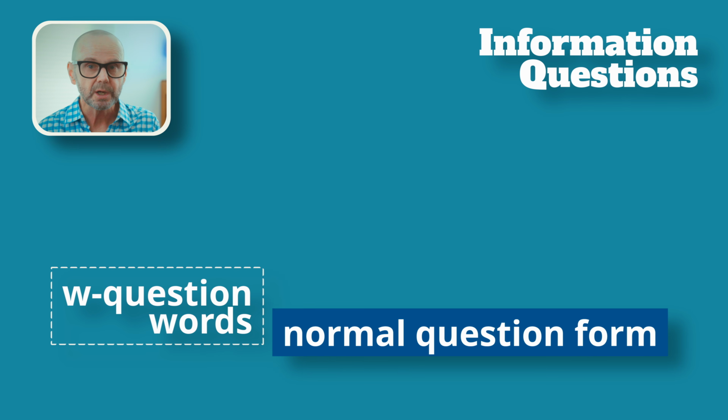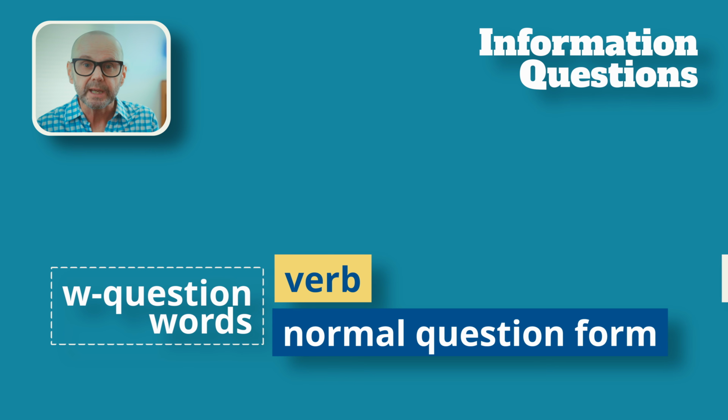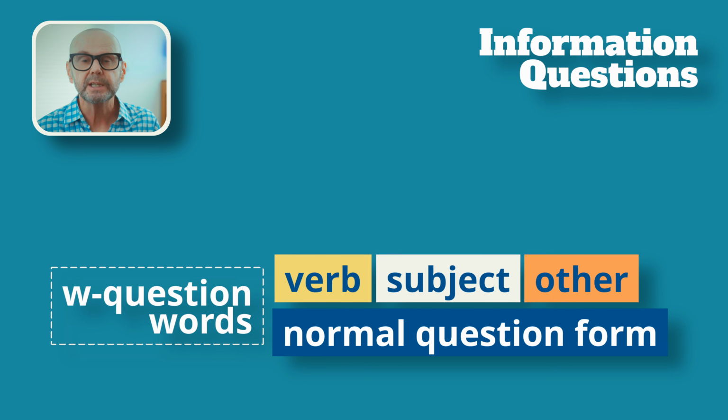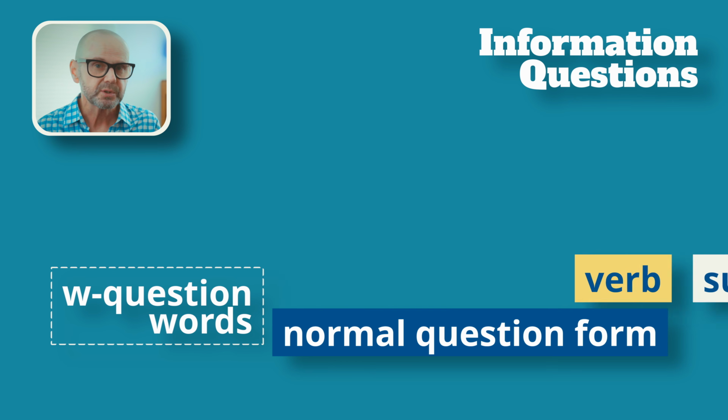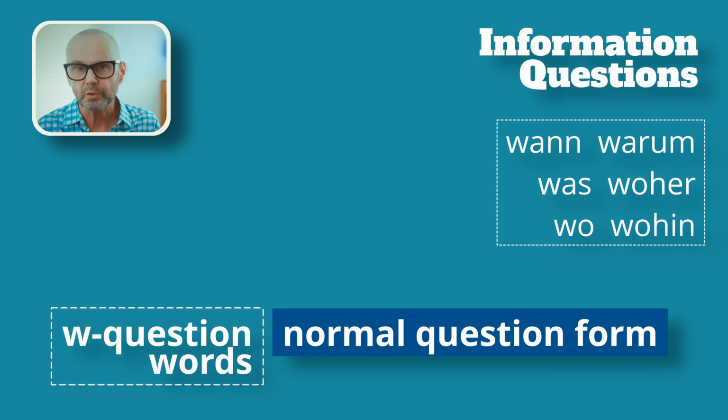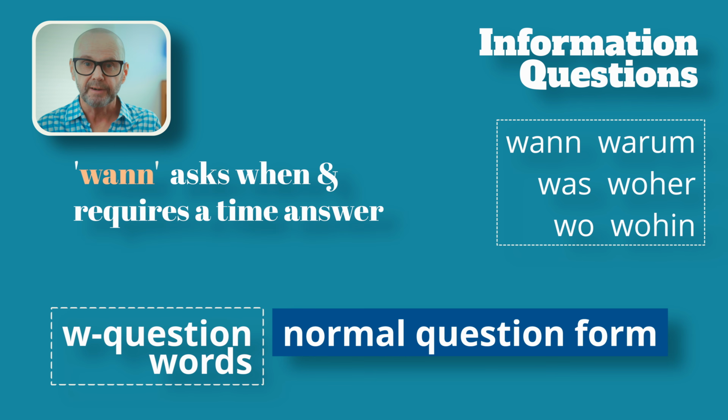So the structure of your information questions will look like this. Information question word, followed by the verb, then the subject, followed by any of those other usual elements in the usual order. And so here's a list of some of perhaps the most useful information question words. Of course, you'll find a complete list in your textbook, Bausteine 1. We've got wann, it asks about when and requires a time answer.